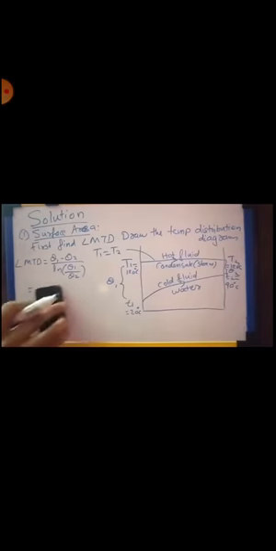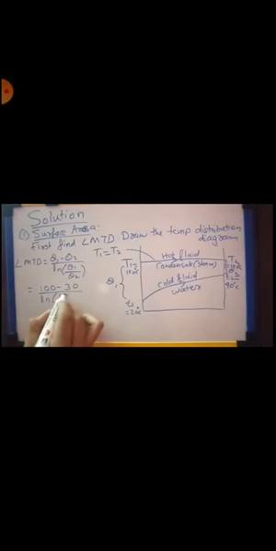Theta 1 is 100 degrees, so 100 minus 30 divided by ln of 100 by 30. We get the value for LMTD as 58.14 degrees centigrade. This is the value for LMTD.